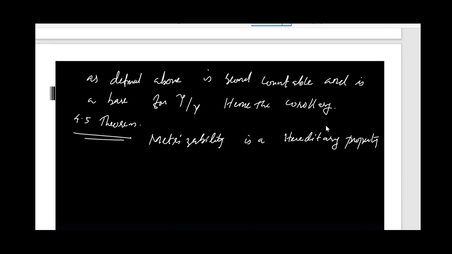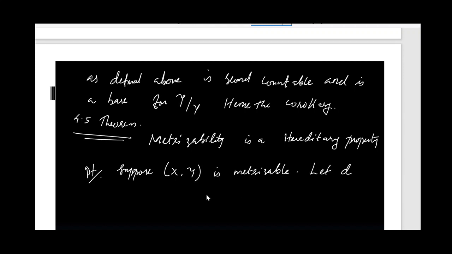Metrizability is a hereditary property. Proof. Suppose X, T is metrizable. Metrizable means its corresponding topology can be obtained from a suitable metric.